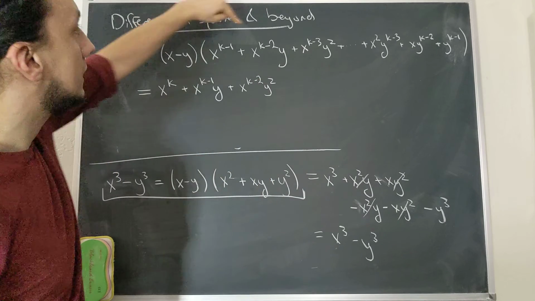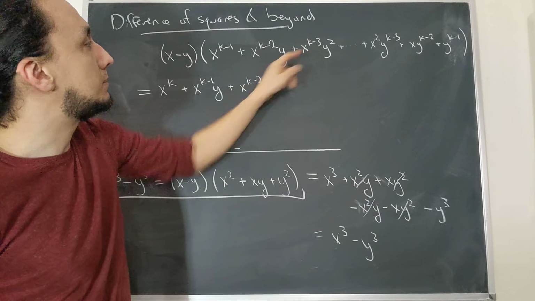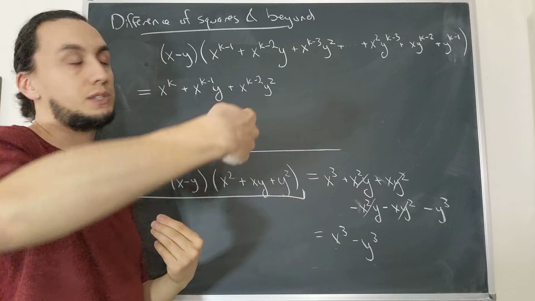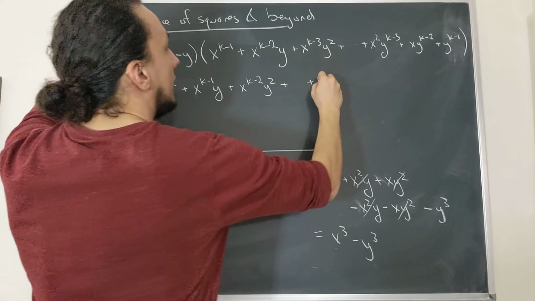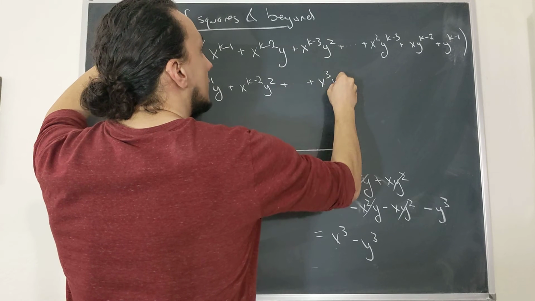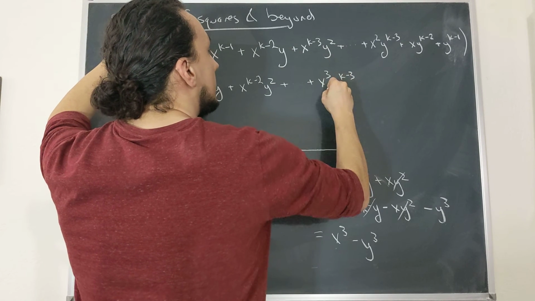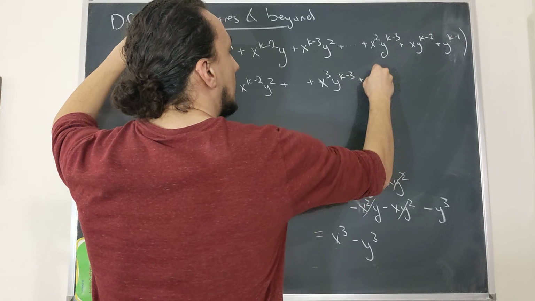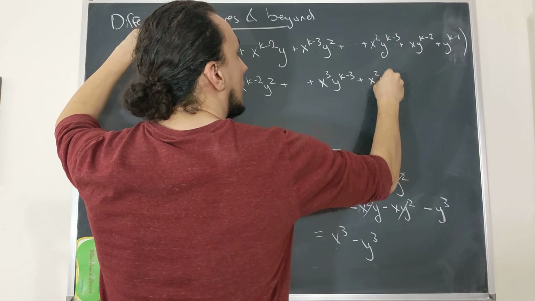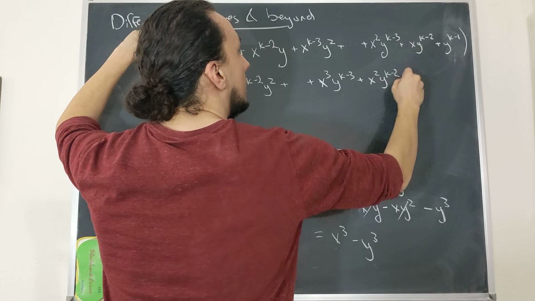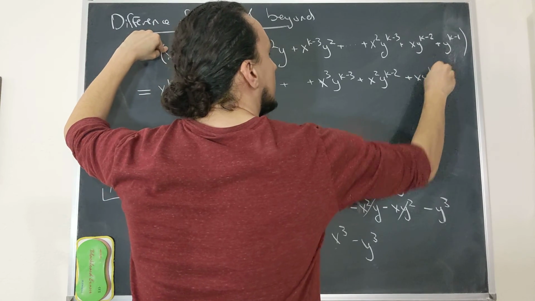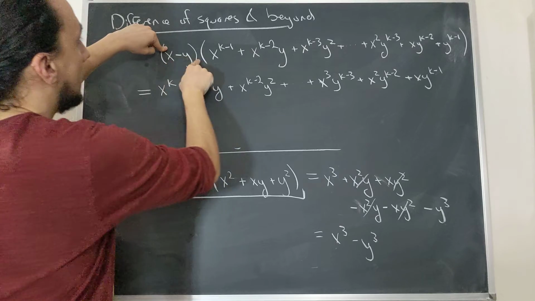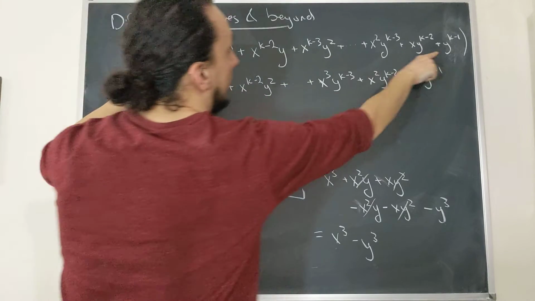So again, this x multiplied by this term raises the exponent of x by 1. I'm multiplying it by x one more time. And so on. And then we get x cubed times y to the k minus 3 plus x squared times y to the k minus 2, and finally plus x times y to the k minus 1. That's just the first pass of multiplying x by everything.